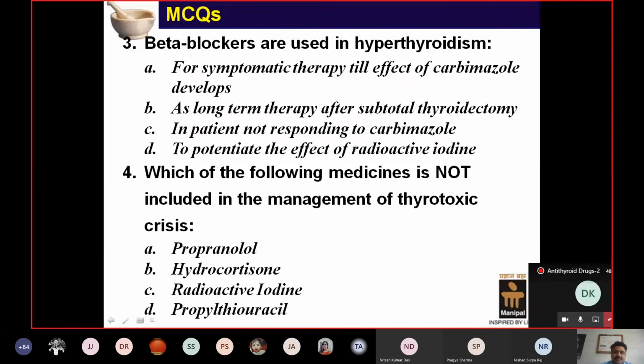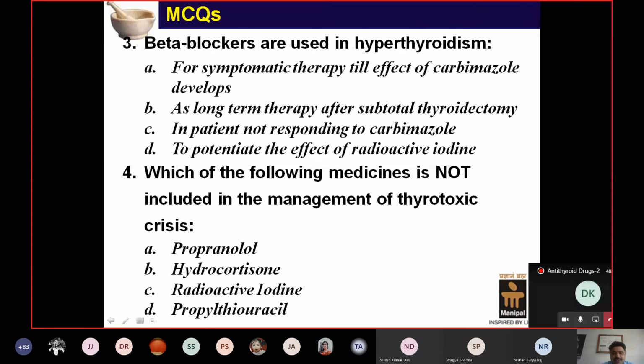It is used for symptomatic therapy till the effect of carbimazole develops. To develop the effect, carbimazole requires a few weeks, so to give symptomatic relief we use beta blocker. And among beta blockers, which one is preferred? Yes, very good.